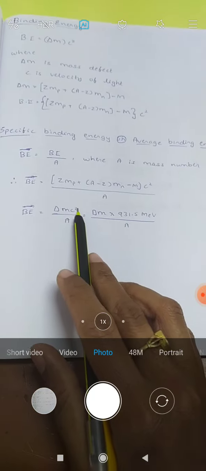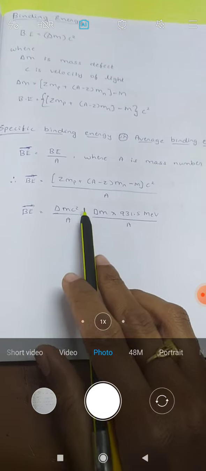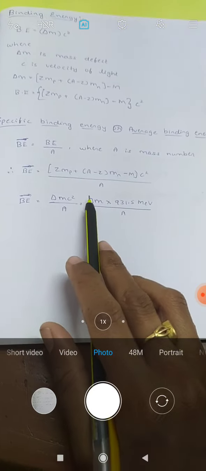We already know the value of c, that is 3 into 10 to the power of 8 meter per second.